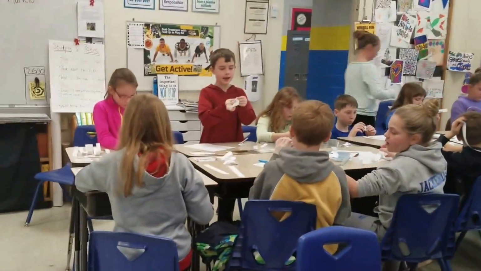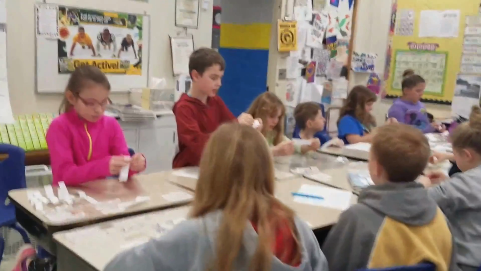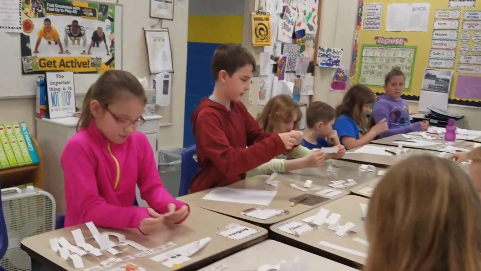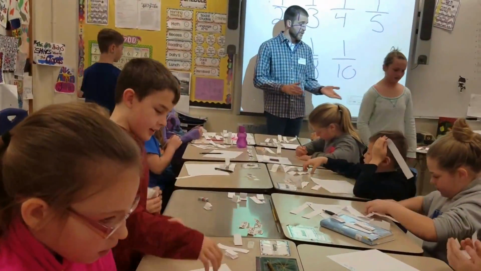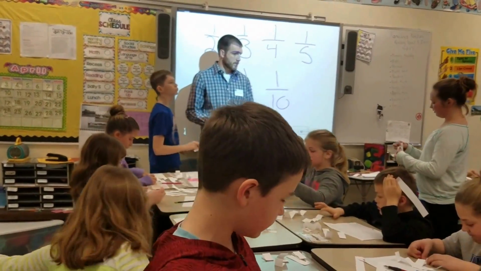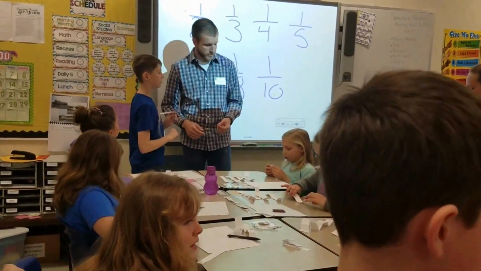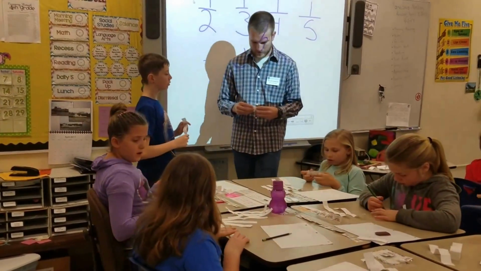Just bend it back. No, like this. Bend it round and you fold it. And then fold it in half. Or you can do half and then fold it into thirds. So fifth. Then why do you have 2 extra strips?